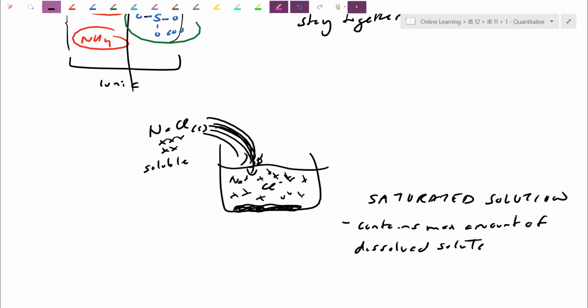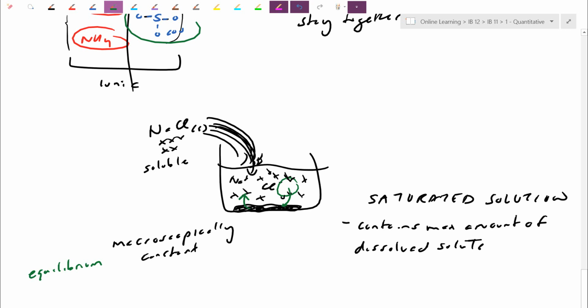Even though outwardly we would say macroscopic properties are constant, we're going to learn next year that, in fact, it's actually not constant. This is what we are going to refer to as an equilibrium. Even though it looks like the powder is just sitting there, the powder is constantly dissolving. Why does it look like the powder is just sitting there? Well, as the dissolving still happens, there are other particles that crystallize out at exactly the same rate.